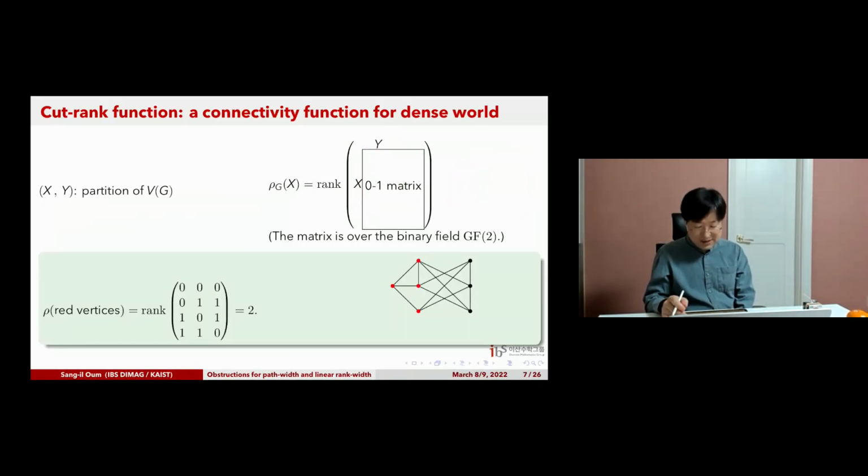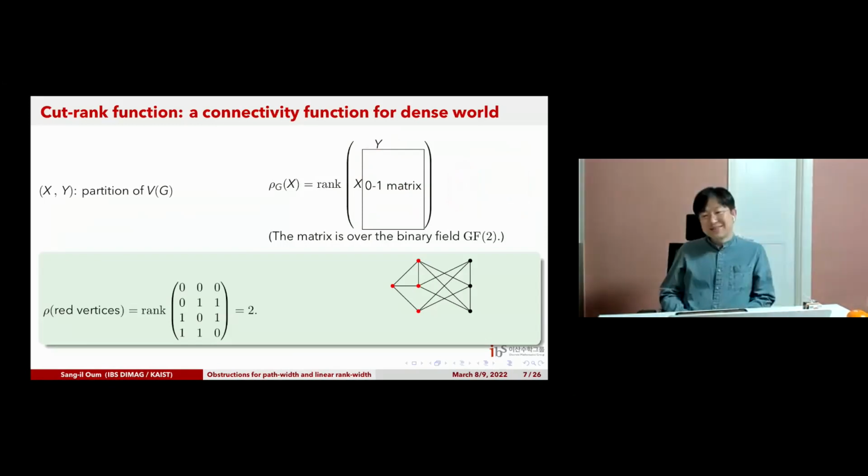It turns out that it satisfies all the axioms: it's symmetric, it's submodular, and the empty set gives you 0. So you can think of this as one of the connectivity functions for graphs. And it works well with dense graphs, because the value of this cut rank function will be small if almost all entries are 1.